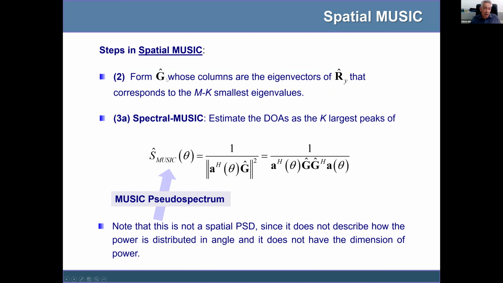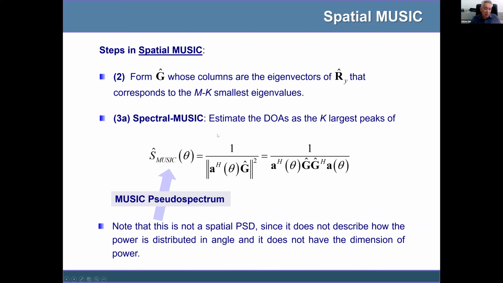So you extract G hat from the decomposition, and then you calculate this functional, the Euclidean norm squared of A Hermitian of theta multiplied by G hat. So it's a function of theta. You put this at the denominator, and so the estimate of the k directions of arrival is given by the positions of the k largest peaks.